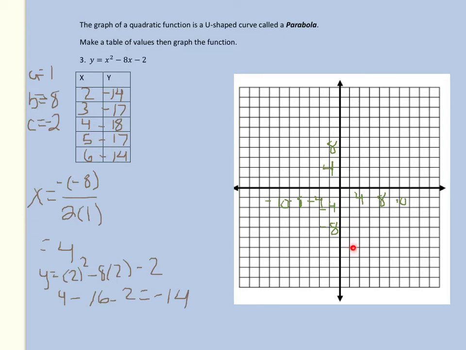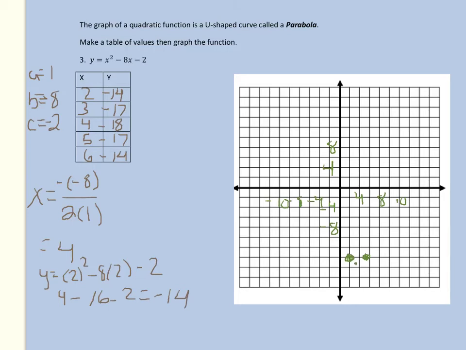So right here is where I had to make that point. And then watch, right now I'm going to go over to 5, because now that's 2, 4, 5 would be halfway in between. And then it was 3, -17.